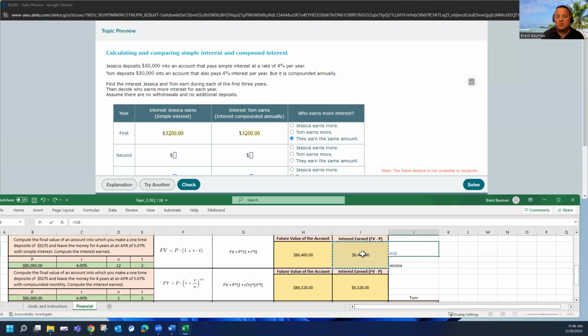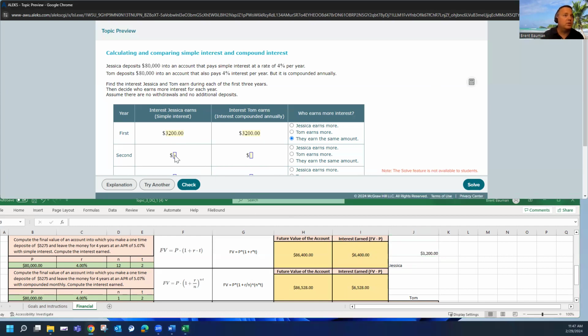We take the interest earned for the entire time for Jessica and subtract the interest she earned in the first year, which was $3,200. That should leave me with just what she earned in the second year. So she earned $3,200.